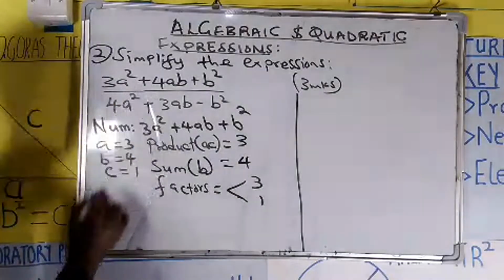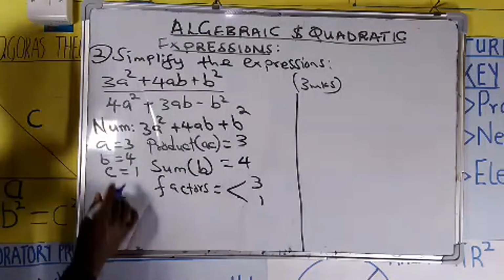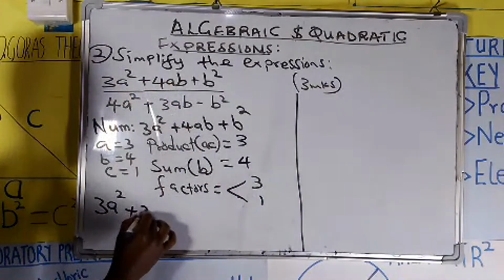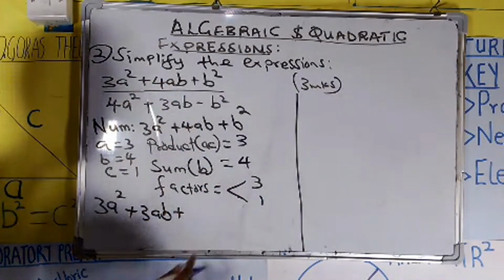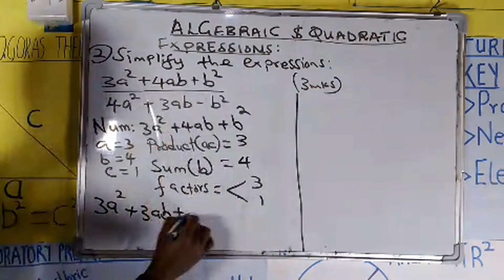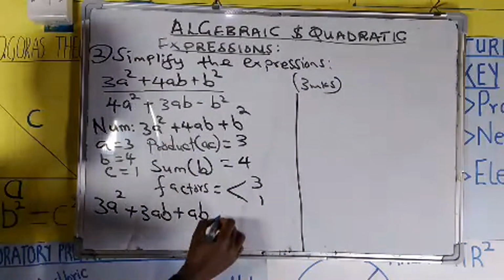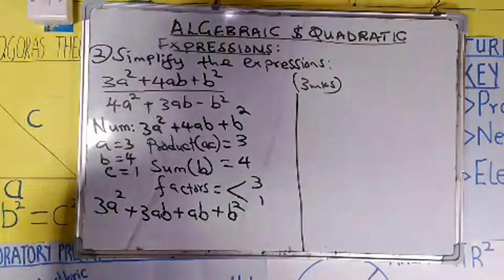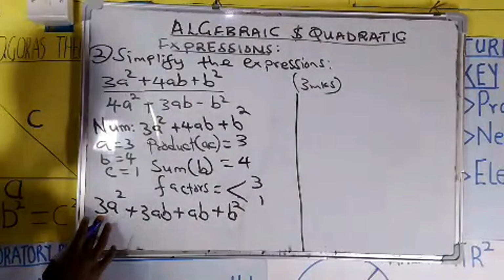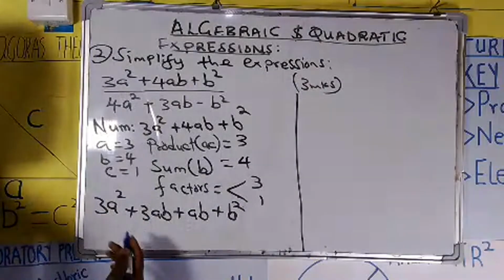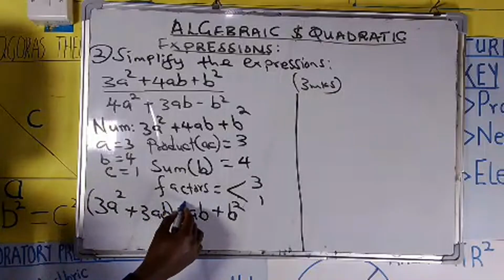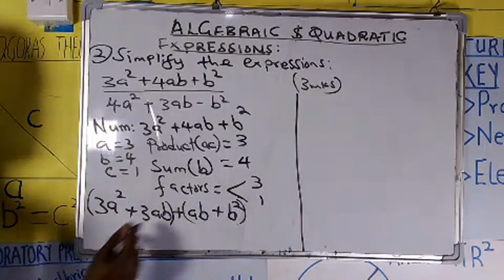So we now write 3a squared, and replace plus 4ab with plus 3ab plus 1ab, which is the same as plus ab, then plus b squared. Once we are here, we can factorize by grouping. When we talk of factorizing by grouping, we are factorizing two by two terms.